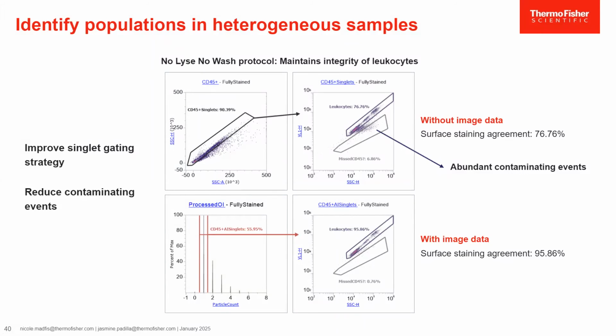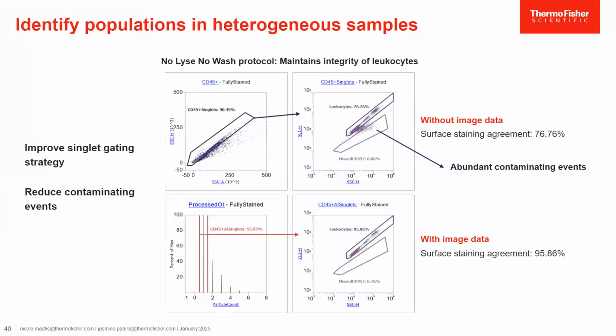Our no-wash, no-lyse assay successfully eliminates erythrocytes from CD45 positive leukocytes in analysis of whole blood samples. Often, it is difficult to identify populations in complex samples and exclude contaminating events. Unwanted events, such as doublets and aggregates, may also pick up some of the stain.